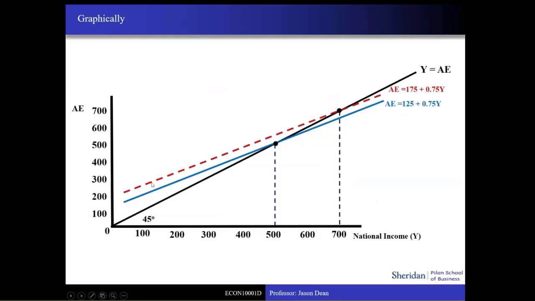So we've shifted the aggregate expenditures function up. So the vertical distance here is the 50, right? We're initially at this equilibrium. Now the new equilibrium is here. So we went from 500 to 700. So the 50 increase in autonomous spending, which was investment, resulted in an increase in national income of 200.